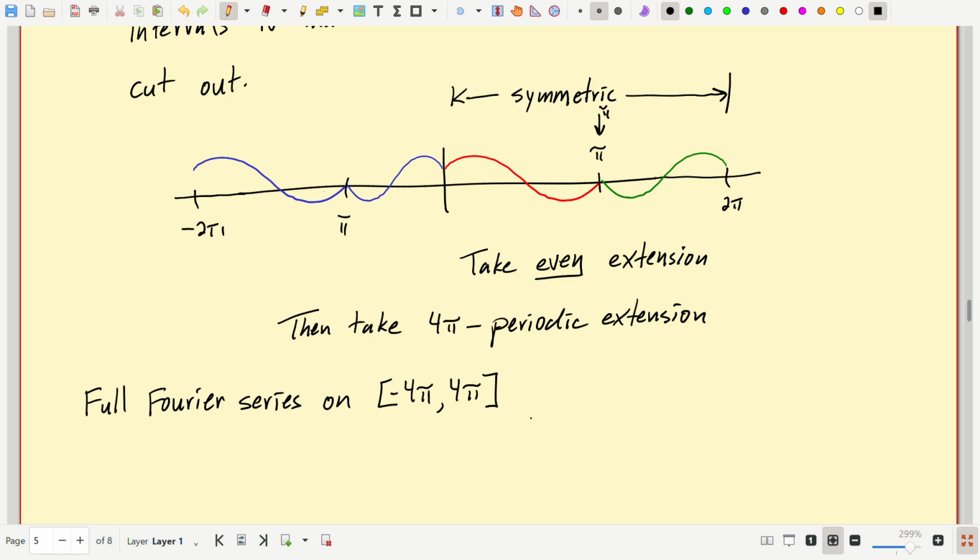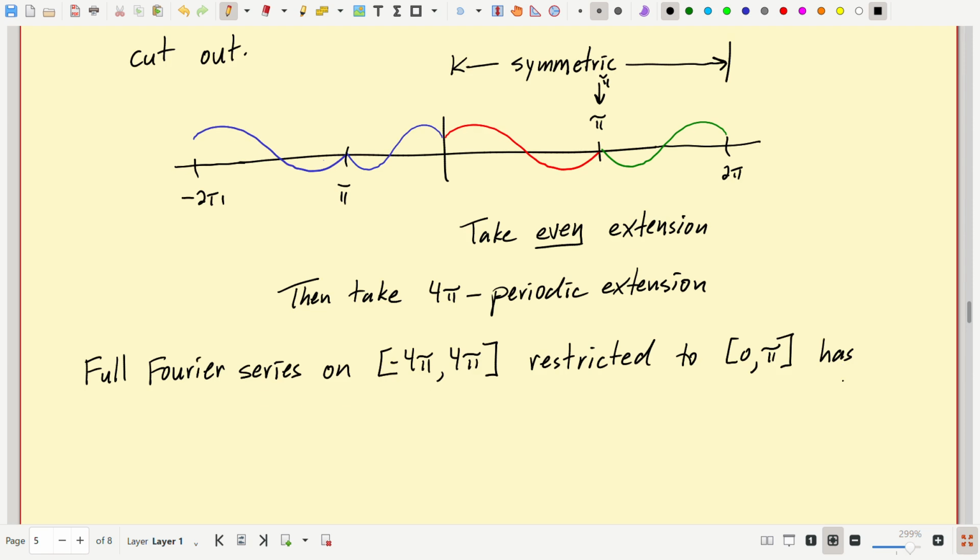There are no sine terms, and it's going to cut out every other cosine term.